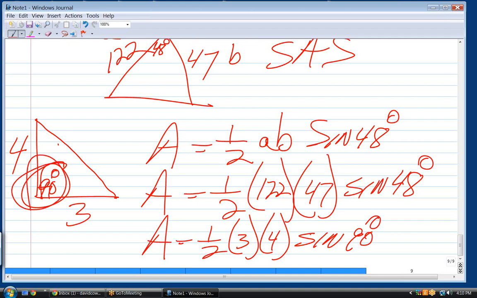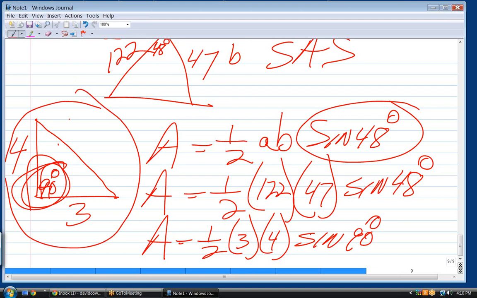If you're using this special area formula, you have to multiply 1/2 base times height times the sine of the angle in between. It's just that I find it useful for memorization to know that, well, if I use that formula right there, in other words, I don't need that formula there, but it fits. In other words, I could still use the formula for the area, and it would come out to 1/2 base times height. Okay. So it helps you in memorizing it.